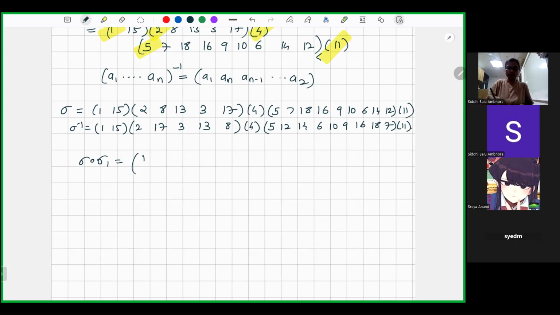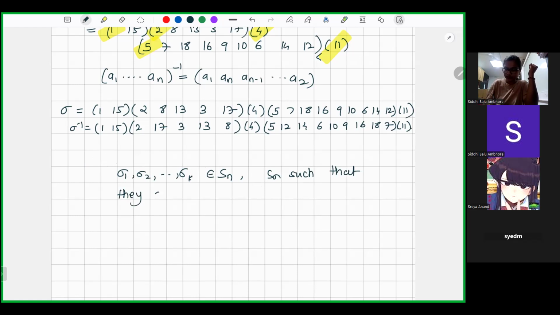One more thing I want to tell you is that if I have sigma 1, sigma 2, up to sigma n such that they are disjoint cycles, disjoint permutations, then we can commute them.